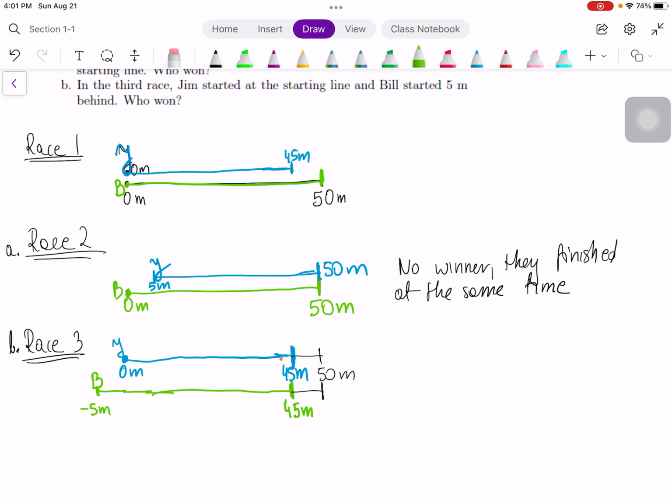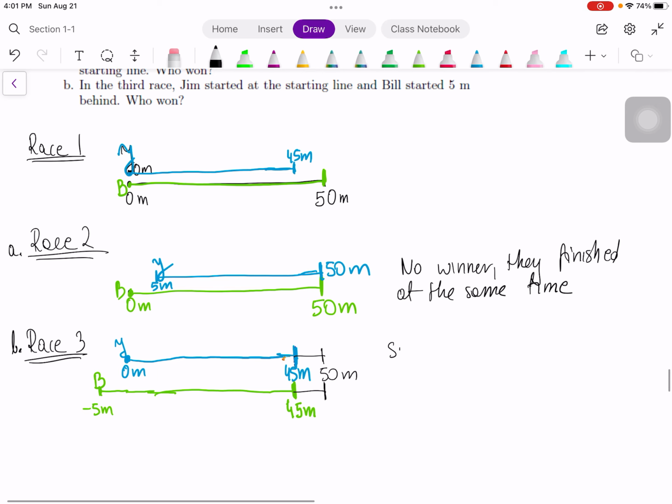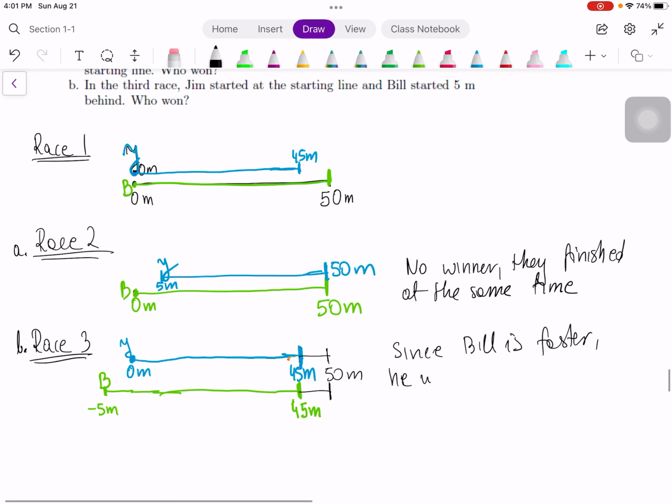Okay, but of course, since Bill runs faster, he will win. He will finish earlier, right? Since Bill is faster, he will cross the finish line first. So he will win the race.